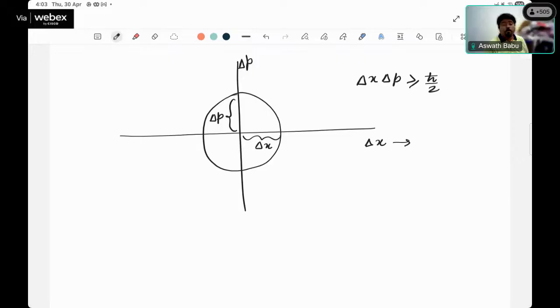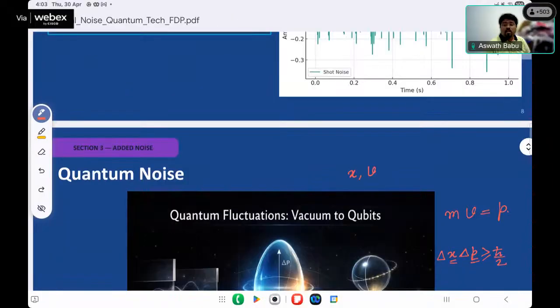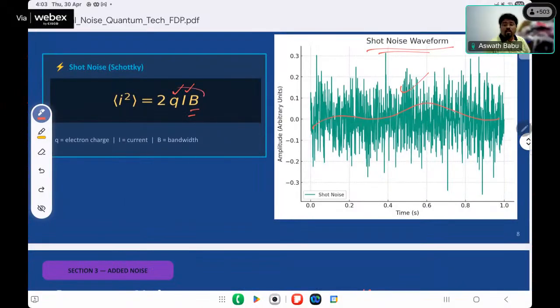Prahalad Rao Abibi is asking whether I and capital I are both the same. No, they are different. When it comes to signal measurement, small i square is used, which is given by this formula. The angle brackets are used to denote the mean value.